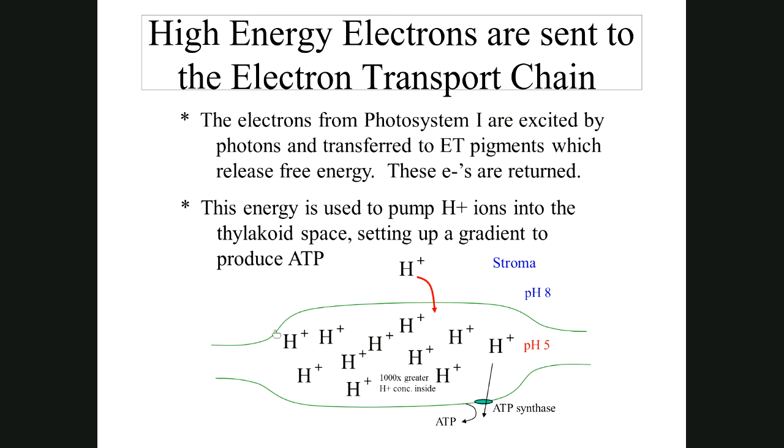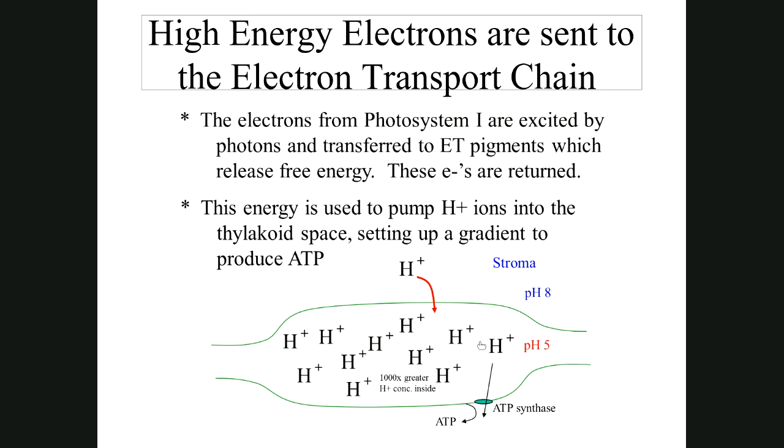It's kind of a real simple disc drawing, setting up a gradient to produce ATP. So you see my hydrogen ions are being pumped into the thylakoid disc. If you look here, there's a 1,000 times greater hydrogen ion concentration inside than outside. So I put the pH difference: pH of 8 outside, pH of 5 inside. So it's pretty acidic inside.